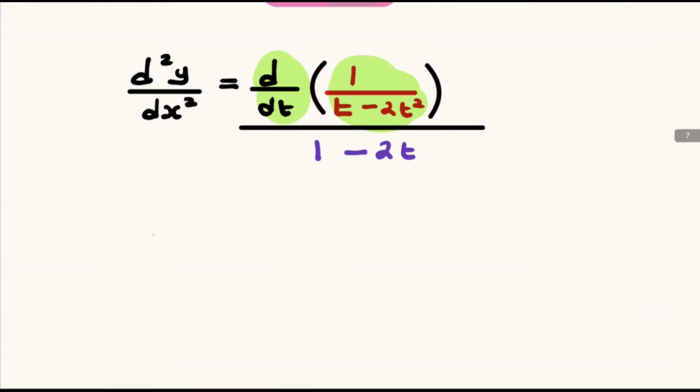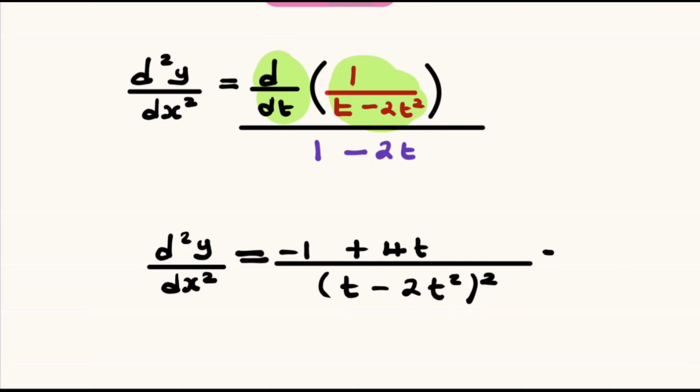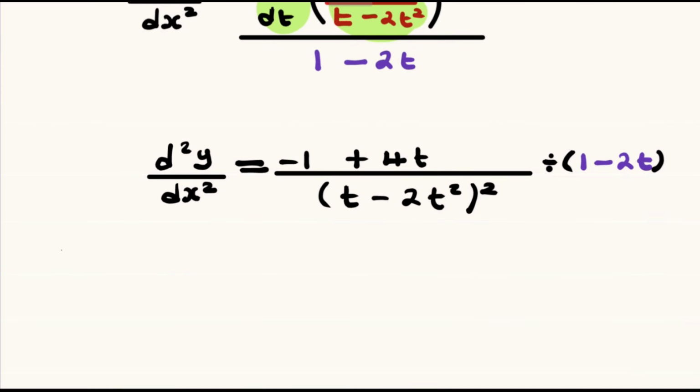So the second derivative of y with respect to x is equal to, so we paste the numerator, and then the denominator is still the 1 minus 2t. So for the numerator, we already differentiated at the bottom.